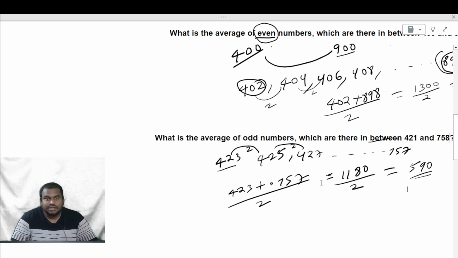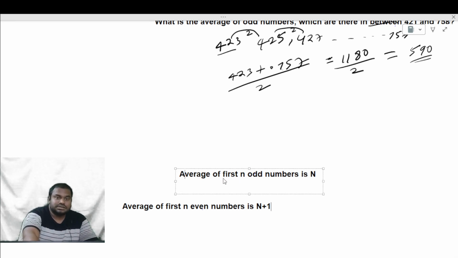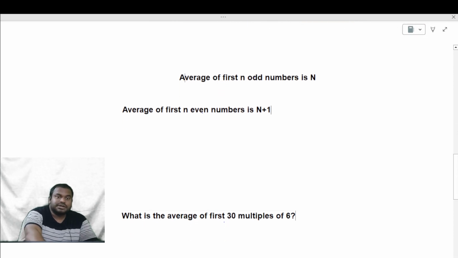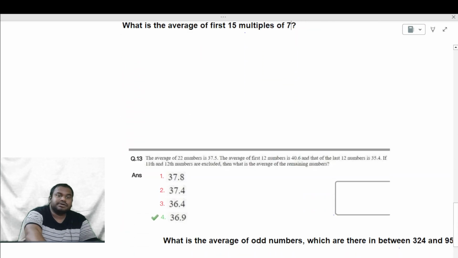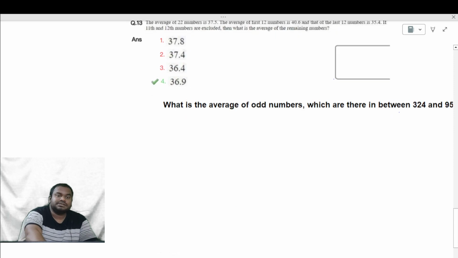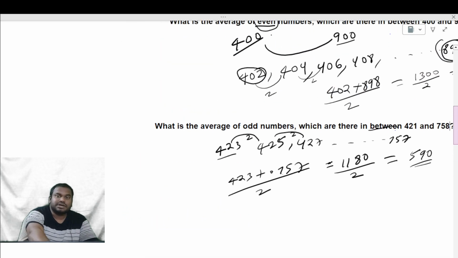So these are the regular models you will get in competitive exams. Why do they give these types of questions? Because people keep on adding the numbers and dividing them by counting them, and their time gets wasted.